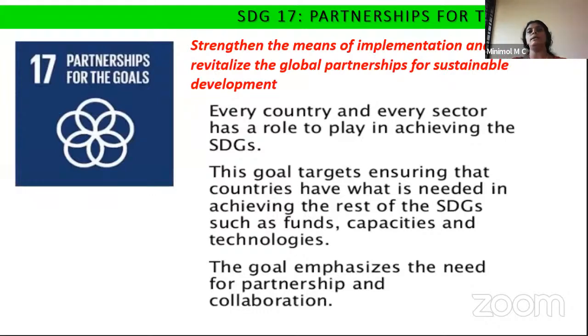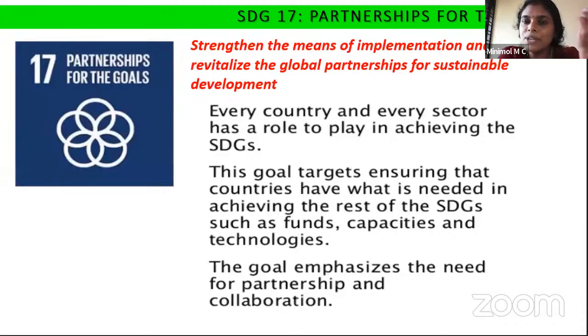And the last goal, SDG 17, talks about partnership for attaining these 17 goals. So this particular session itself is the very reason for this goal.